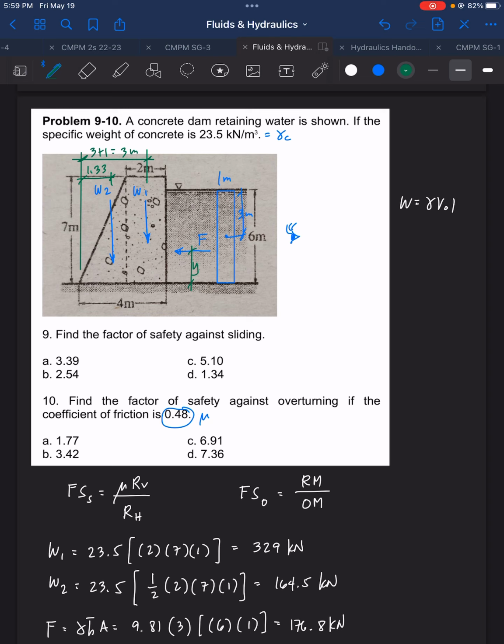So y here is 6 times 1/3, sorry, it should be 1/3. That is 2 meters.